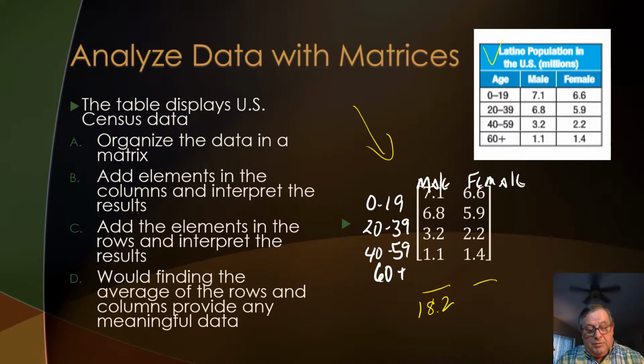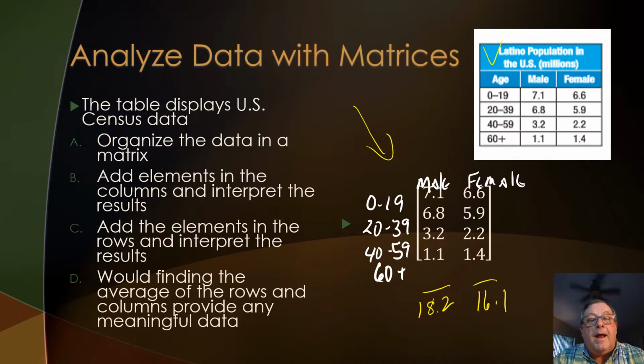And then what about column 2? We've got 6.6 plus 5.9 plus 2.2 plus 1.4, and there are 16.1 million female in our population. So we've got more males than we've got females.